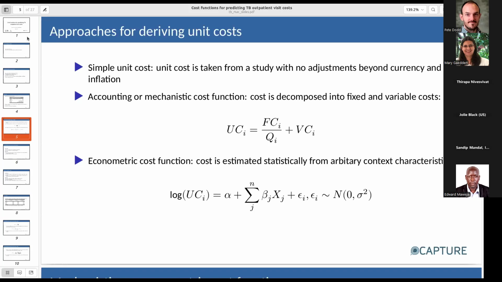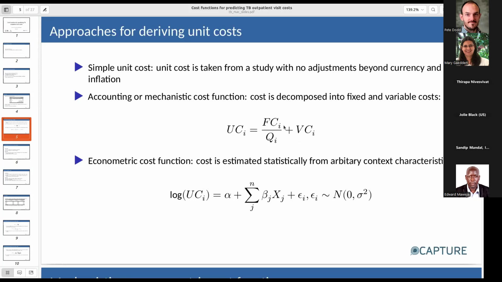So proposed improvements are to use cost functions. These basically break down into accounting, or sometimes called mechanistic cost functions, where the cost is decomposed into cost components, at the very least into fixed and variable costs. So then the total unit cost is composed of these 2 elements. Fixed costs allow you to model fixed costs as varying with the volume of services offered.